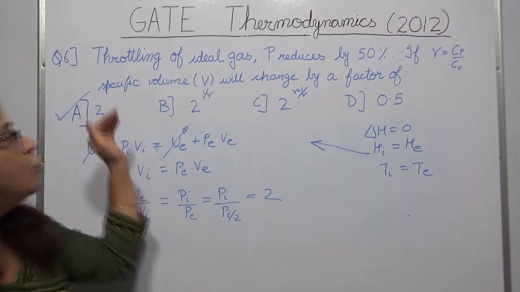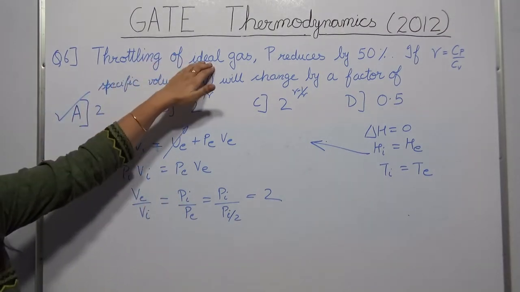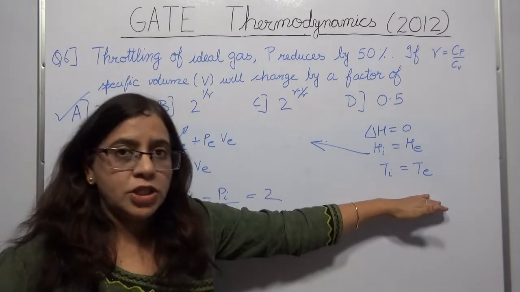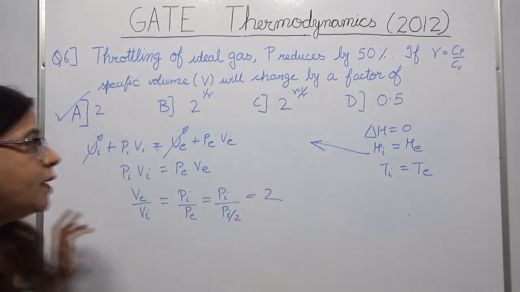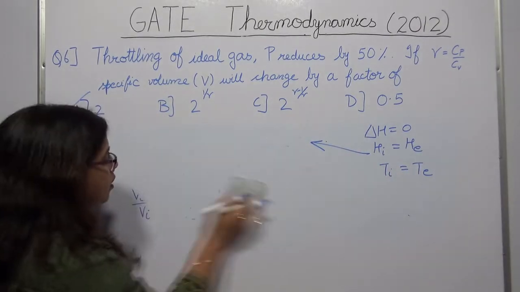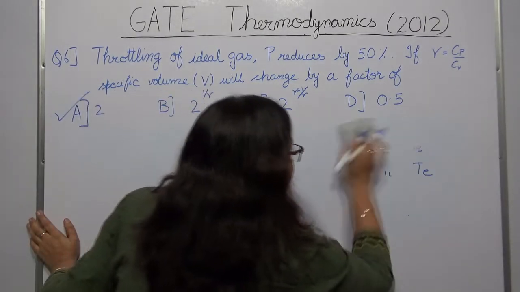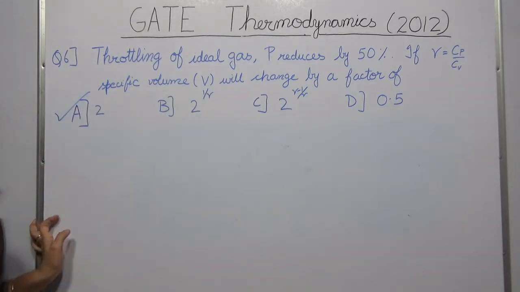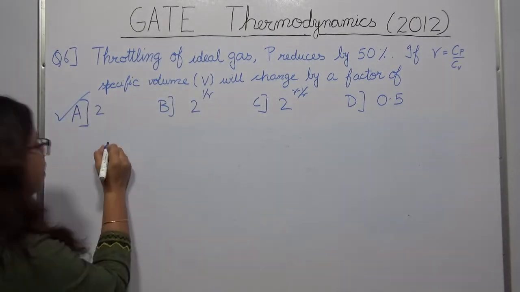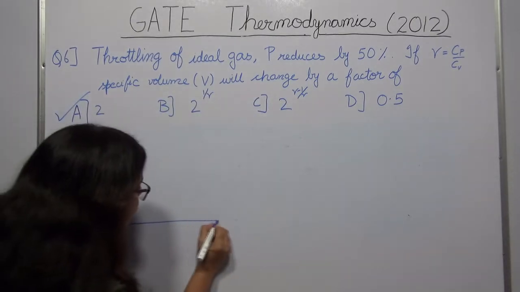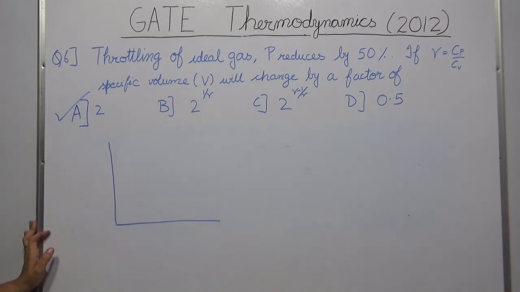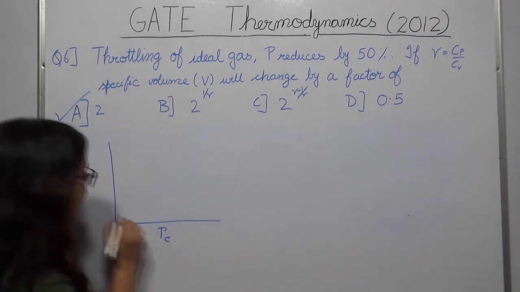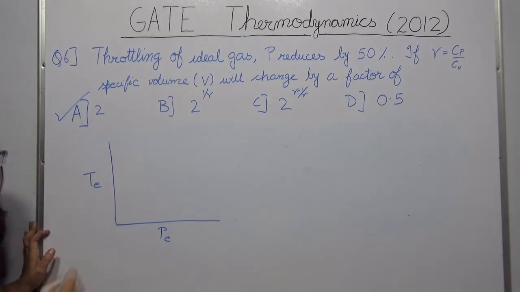What we have seen here is that if you throttle an ideal gas, your temperature does not change. But for real gases, your temperature changes. So let's quickly see what happens if you throttle a real gas. For a real gas, let's say I have fixed my inlet pressure and inlet temperature, and for varying exit pressures, I am plotting my exit temperatures.